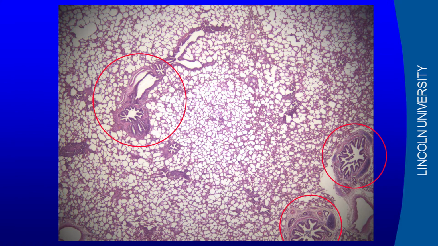The reason that these airways have got this sort of folded up star shape, they look a bit like starfish, the reason they have got that shape is because when that lung collapsed, it squashed that little airway. So that airway would have had a nice open channel through the middle of it, but when the lung collapsed, it squashed it and folded up the inside. So that's what we're looking at here.